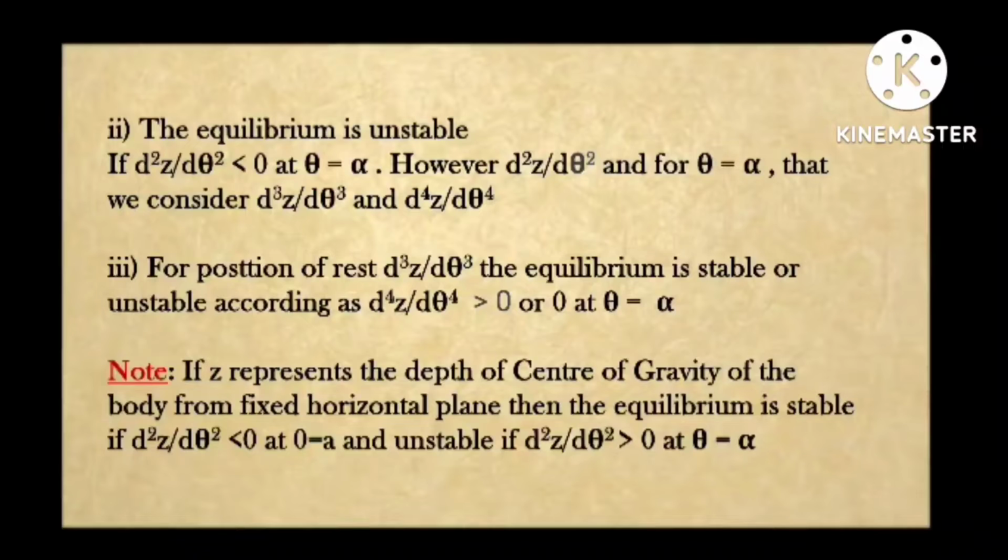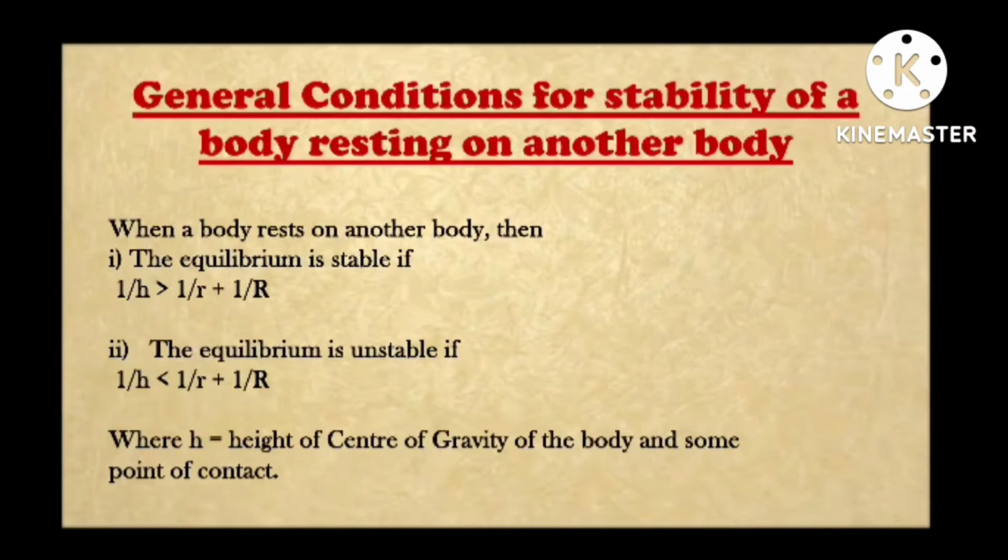Here's a note. If Z represents the depth of the center of gravity of the body from the fixed horizontal plane, then the equilibrium is stable if d²z/dθ² is less than 0 at θ = α, and unstable if d²z/dθ² is greater than 0 at θ = α.